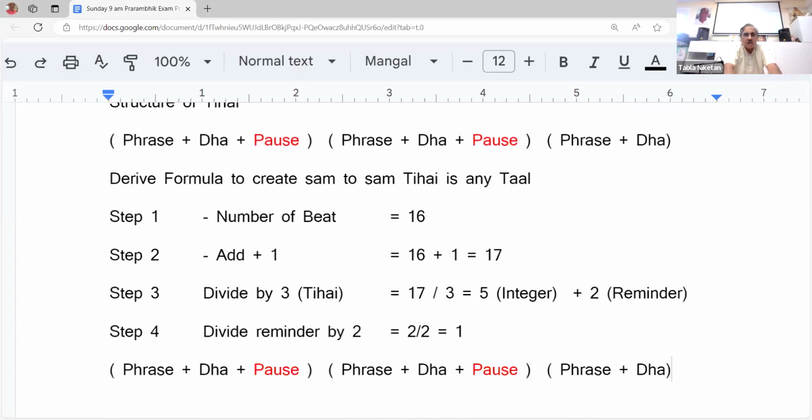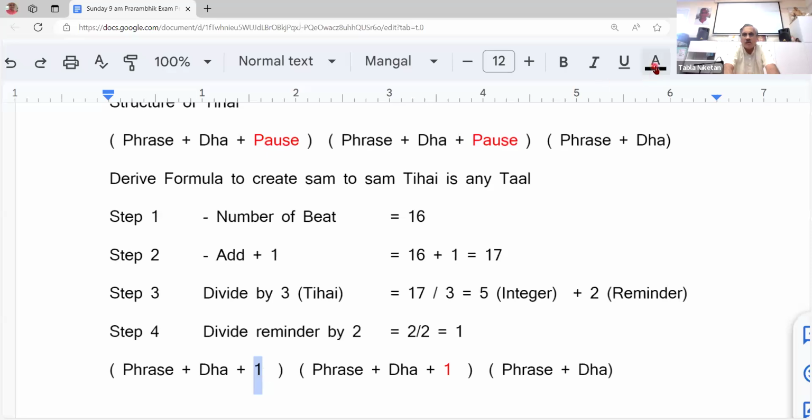If I copy paste this formulation here, this pause is one pause, one pause here and one pause here. So 1 plus 1, 2, we have consumed our remainder. I'm putting these two in red color, which we have consumed. Is that clear so far?